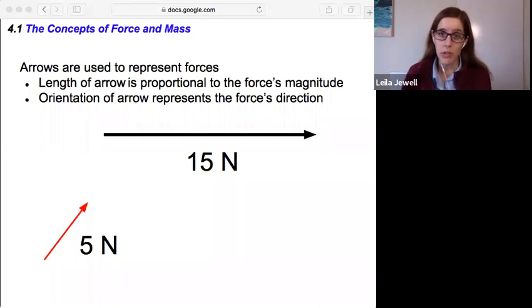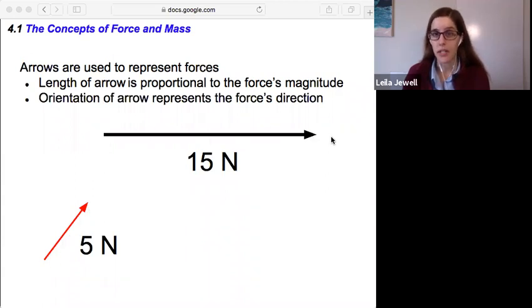Now, when we represent forces, we are going to use arrows so that we can make our forces look like vectors, is the fancy way of saying it. And we'll make the length of that arrow proportional to the force's magnitude, and then the orientation of the arrow will tell us about the direction of the force. So here we have a 15 Newton force, and it is 3 times bigger than our 5 Newton force.